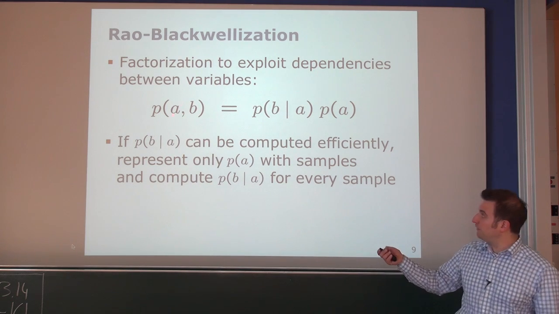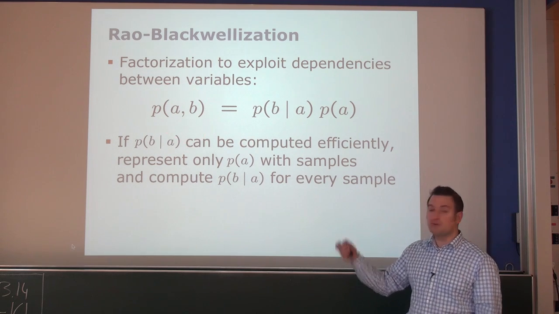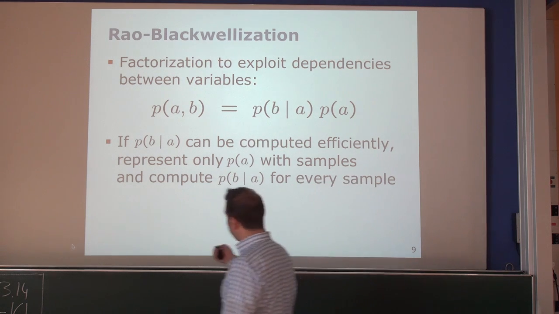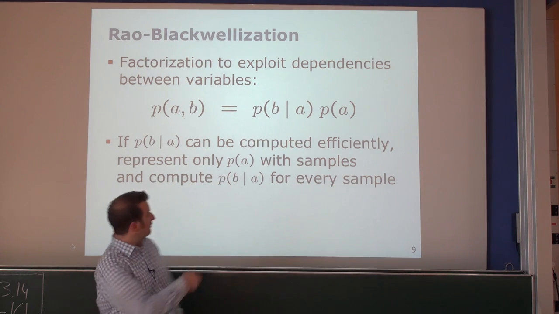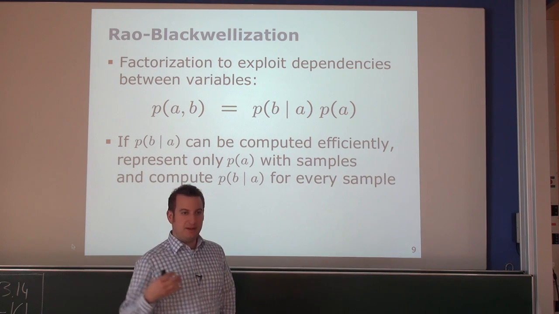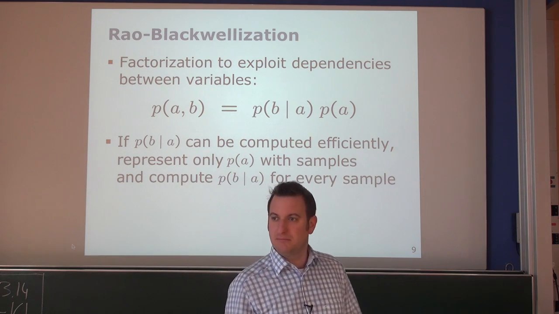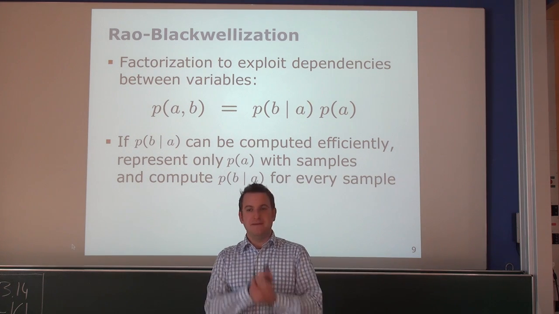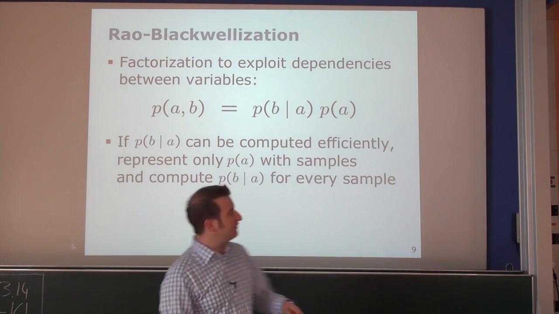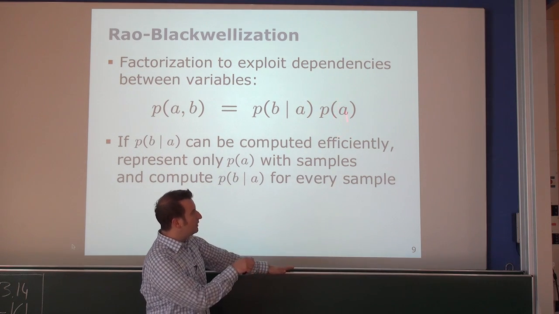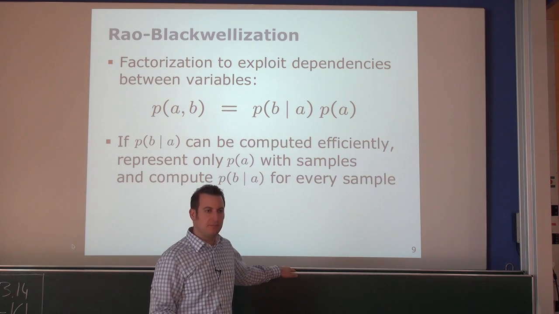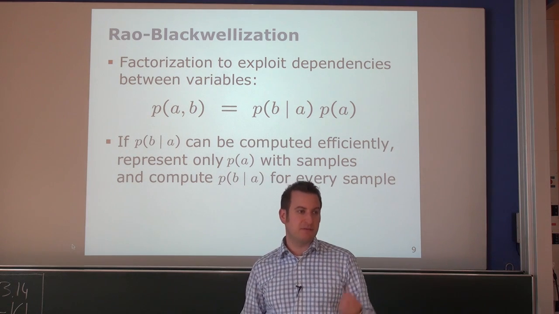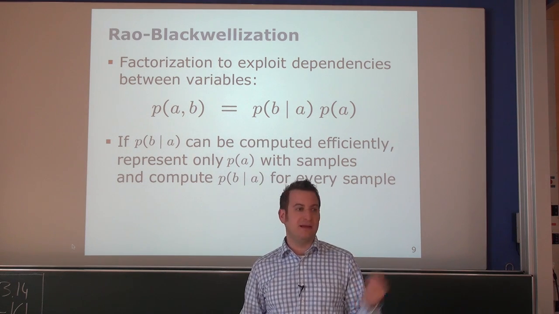Given that I want to represent a distribution over, let's say, two random variables A and B, and P of B given A can be computed very efficiently, so given I know A, I can compute B easily. If this is the case, it can make sense to represent only A with samples, and then for every sample just compute P of B given A, taking exactly the state of A which the sample told me.